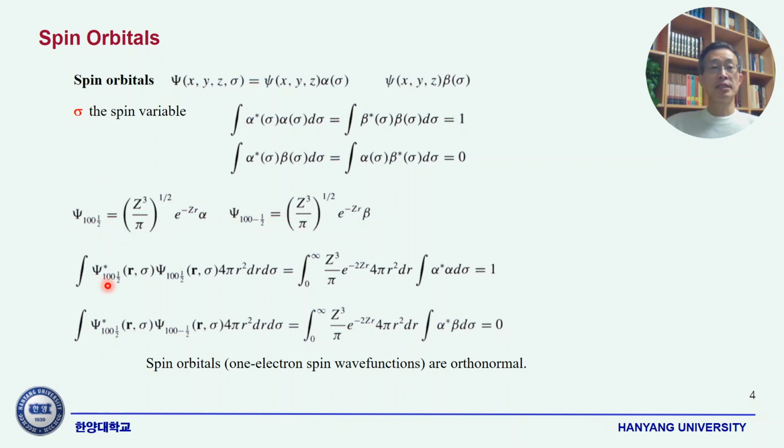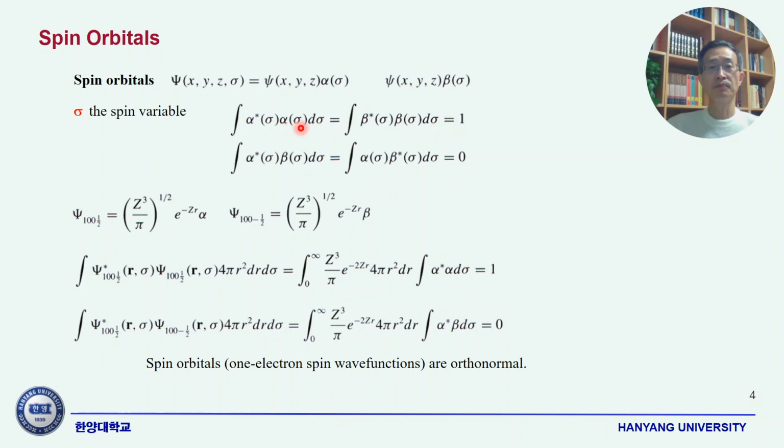The spin functions are orthogonal, and the orbitals are orthogonal, so then spin orbitals are also orthogonal. The same orbitals give 1. Well, this is actually an integral from 0 to infinity, but anyhow, alpha alpha equals 1 in this case.